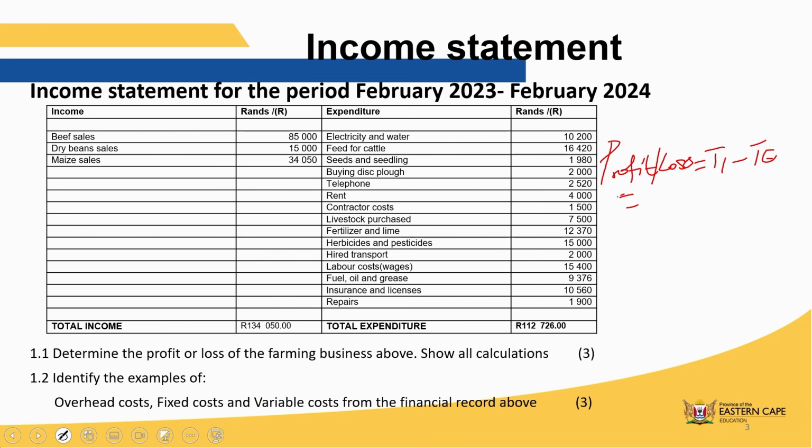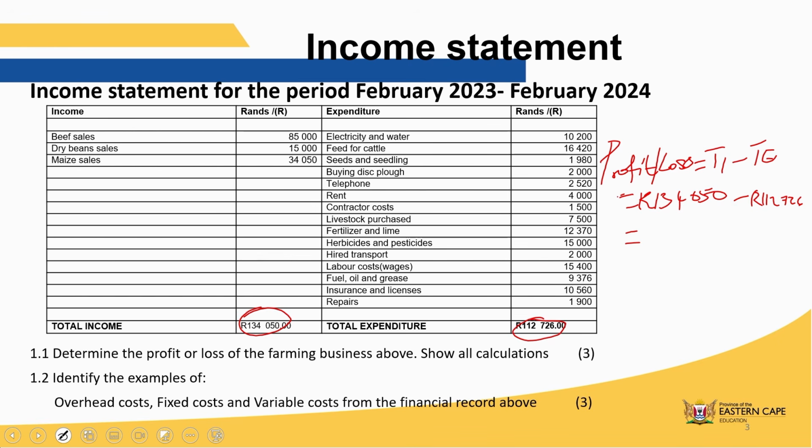Our total income is 134,050 rands minus the total expenditure, 112,726.